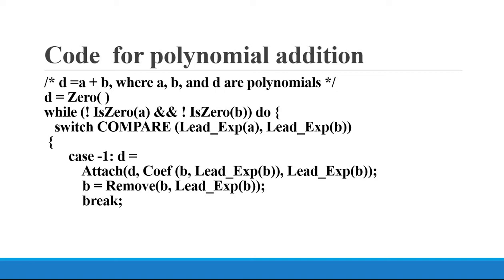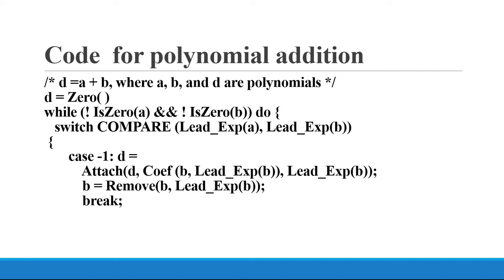Now we'll initialize the resultant polynomial to 0. Then, till you reach the 0th term, that is the term with exponent 0, because the terms will be stored in descending order of exponents.